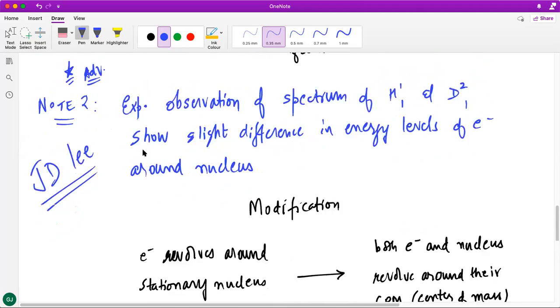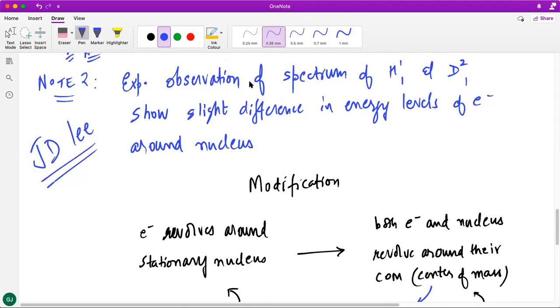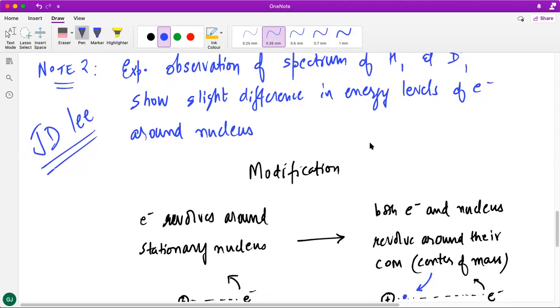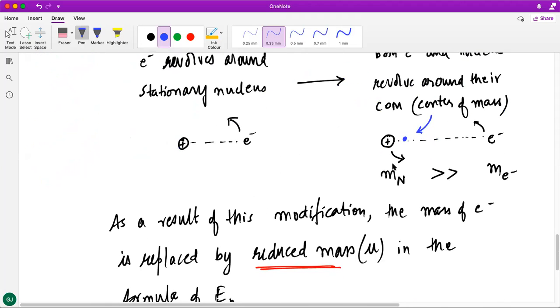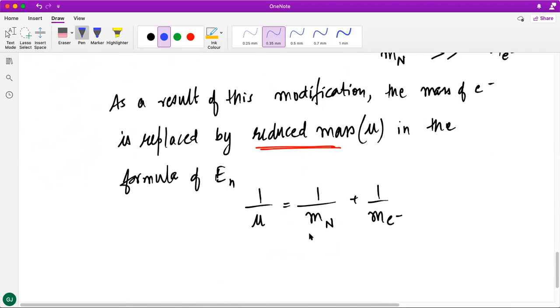So from the perspective of advanced, do understand and remember this modification, that because of the difference in the energy levels observed for isotopes, we understand that the nucleus and its mass also plays an important role. And this is what causes the difference. Right? This mass of nucleus is now different for the isotopes.